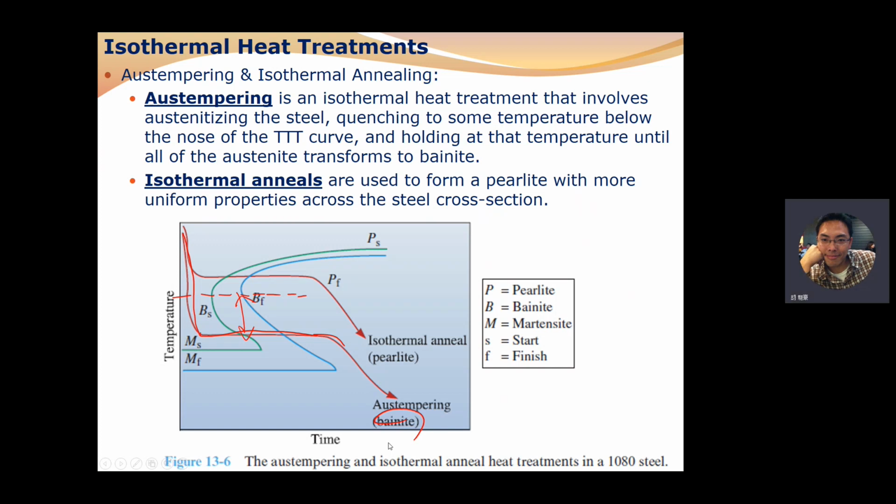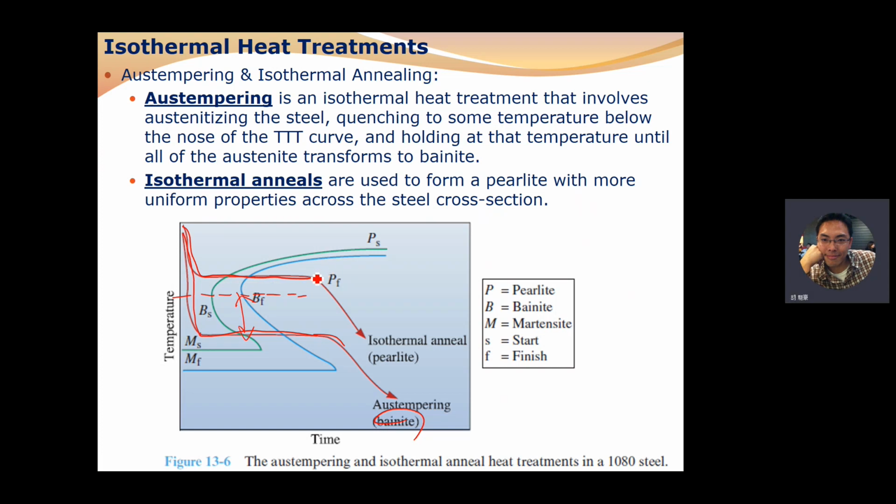For isothermal annealing, the temperature decreases to above the temperature of the nose, and the temperature remains constant until the pearlite forms.